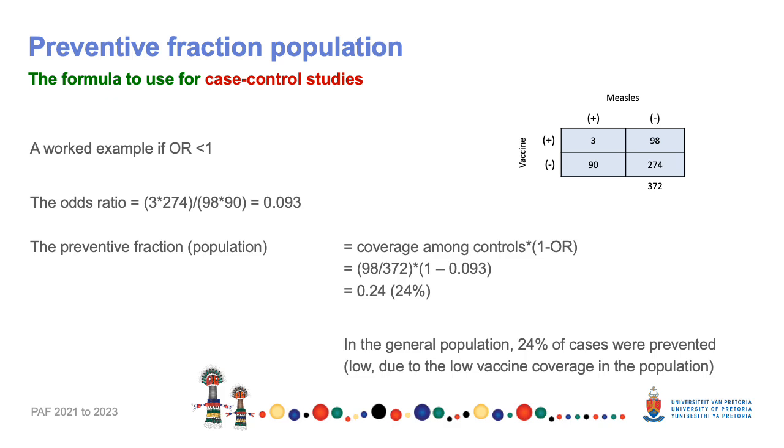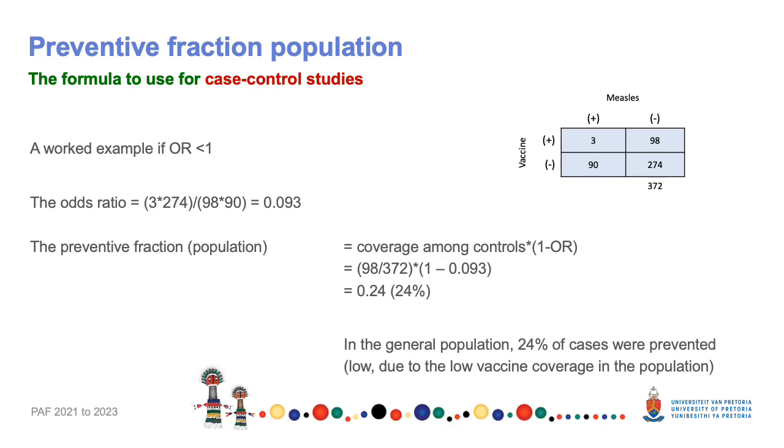And the preventive fraction for the population is equal to the coverage amongst the controls. So let's look at the controls. The controls were the people who didn't have measles. And the vaccine coverage there was 98 out of 372. So that's 98 over 372. And we multiply that by 1 minus the odds ratio.